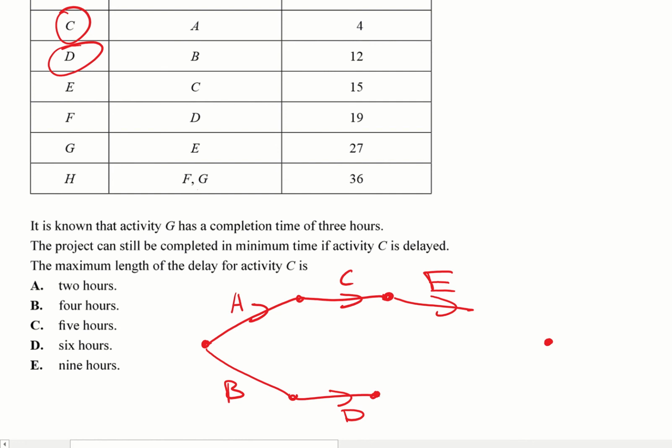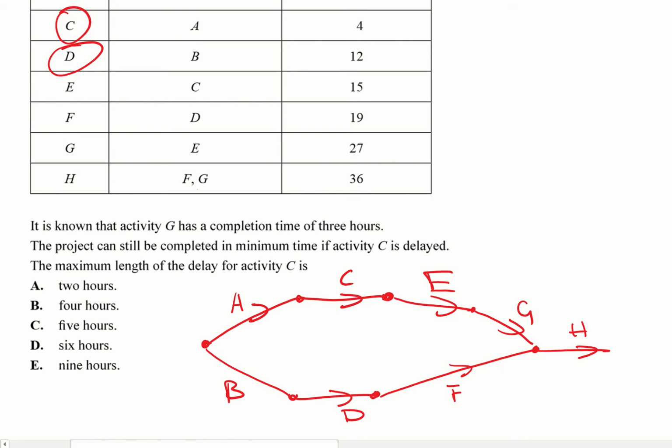Let's do that again. That's going to be F, and E, and then in this case we're going to have G, and then we'll have H out here. Okay.